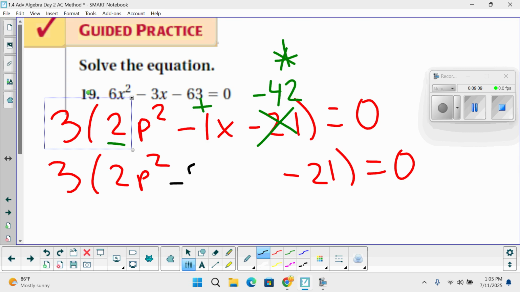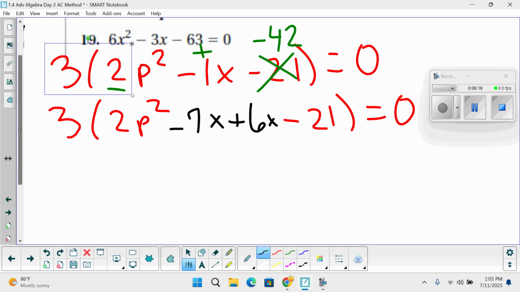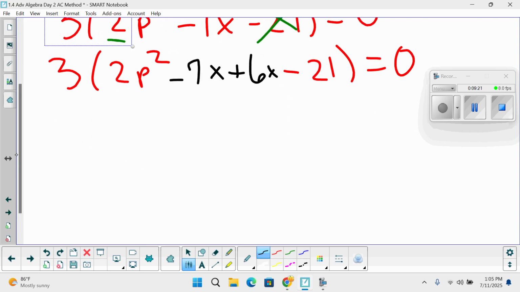I think we should go with -7x and +6x. What do you think? -7 and +6 add up correctly and multiply correctly. I never have enough space on these. All right, I've got my blue group here and my green group.